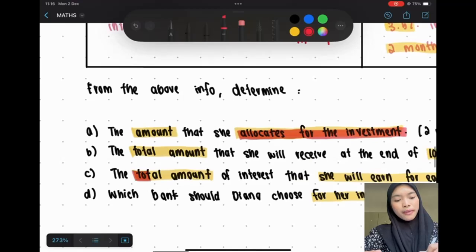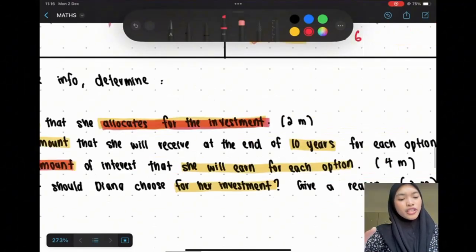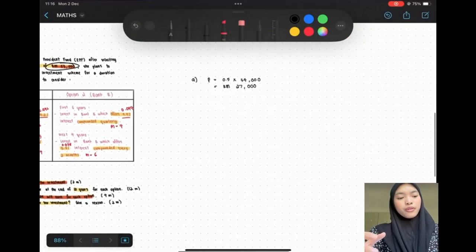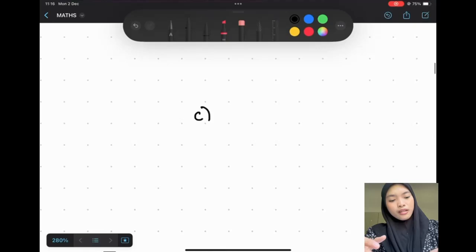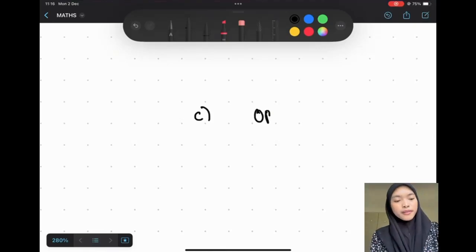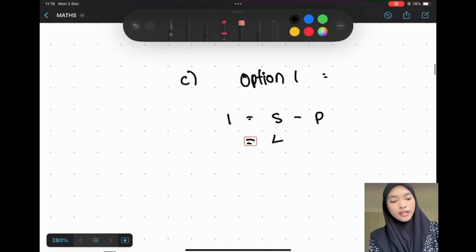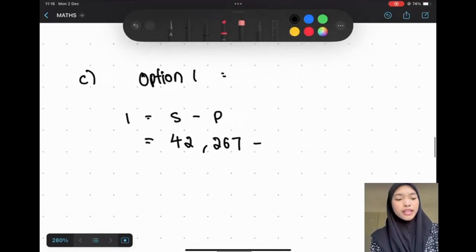Next, we move to question C. The total amount of interest that she will earn for each option. So, C, option 1, I equals S minus P. So S, we got 42,267, minus the P that we have in the question, 27,000.